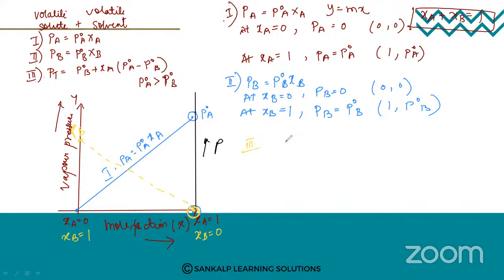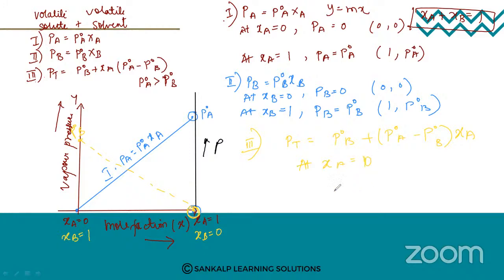Now for the third condition, where you have PT equals P naught B plus P naught A minus P naught B into psi of A. Again, put the conditions psi A equals 0 and psi A equals 1.